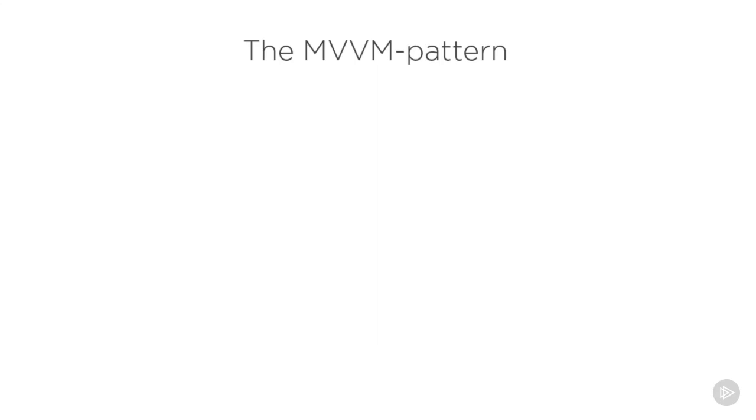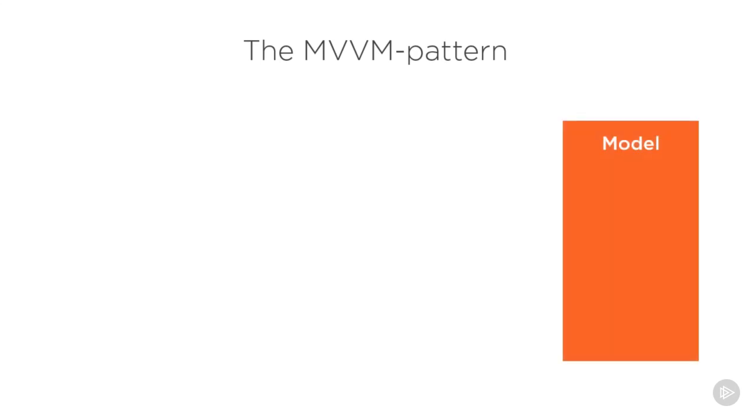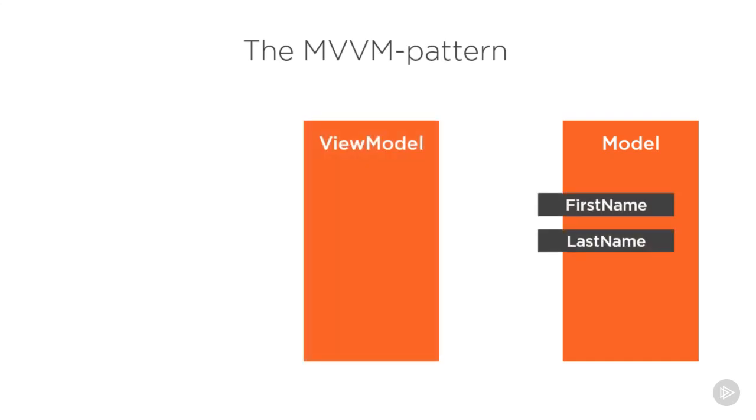The model view model pattern, or short MVVM, is a state-of-the-art pattern for WPF applications. With MVVM, you have a model which can be, for example, a friend class with the properties first name and last name. Then you have a view model, which is another class that is using the model. The view model has public properties that contain data.